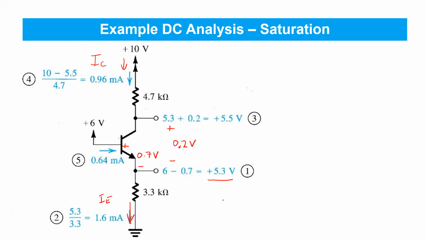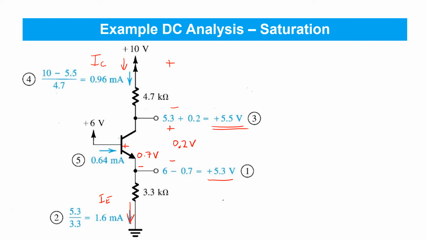So specifically, the next step is not to go straight to the collector current, but rather to find the collector voltage here. It's 0.2 volts above the emitter voltage, so that gives us 5.5 volts. And from there, we can go ahead and calculate the collector current.